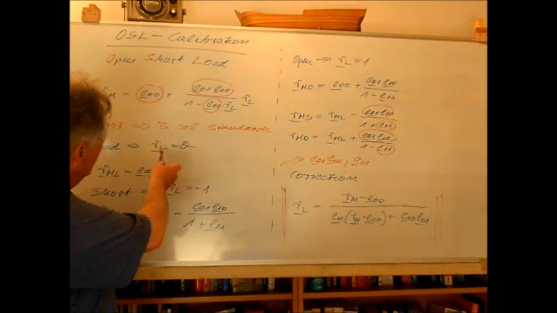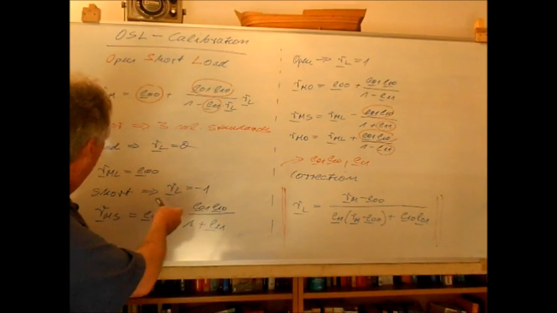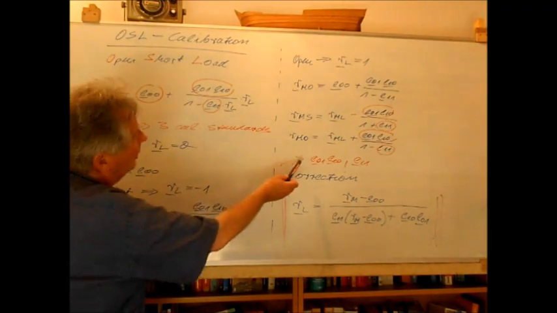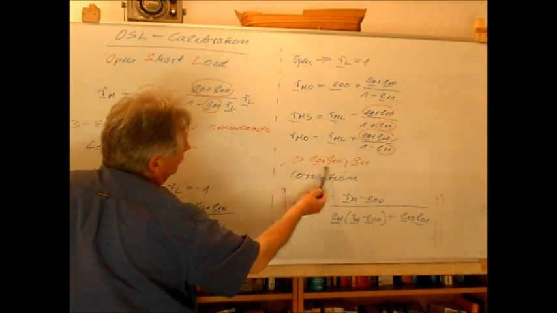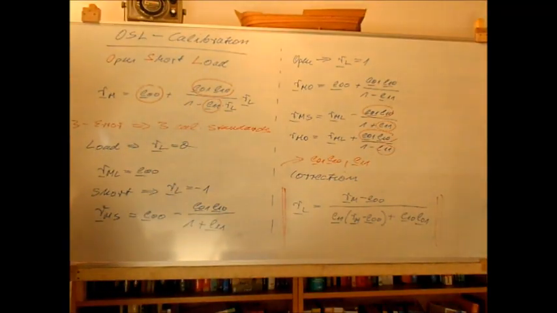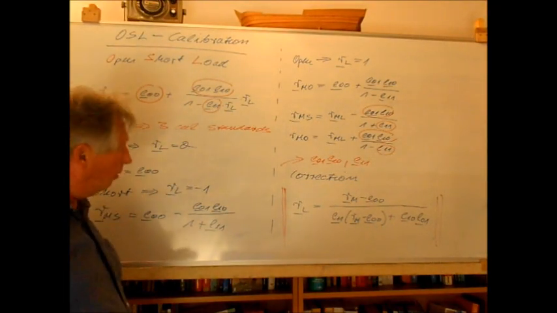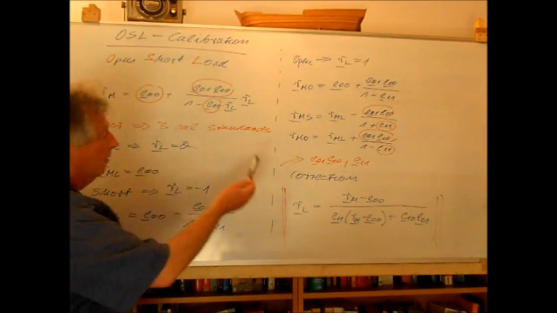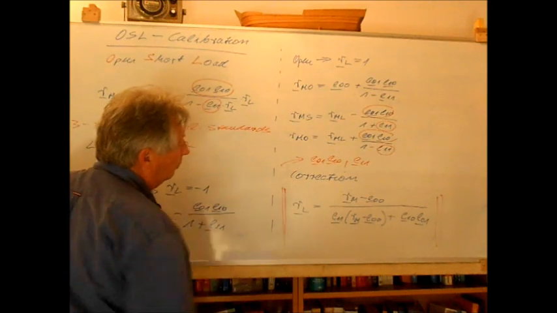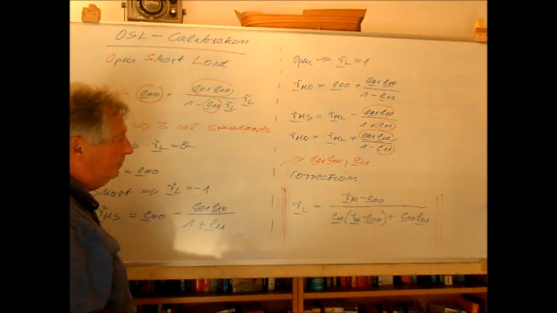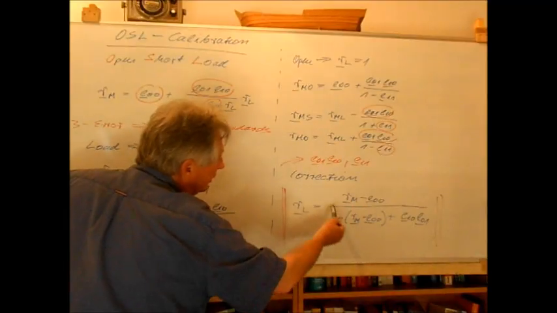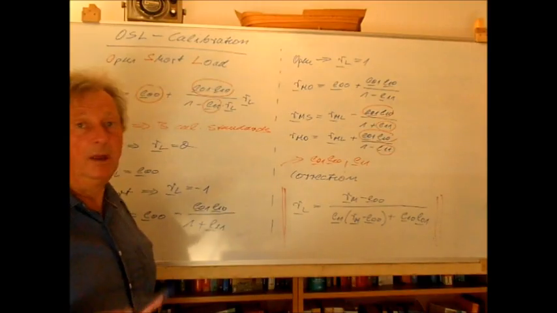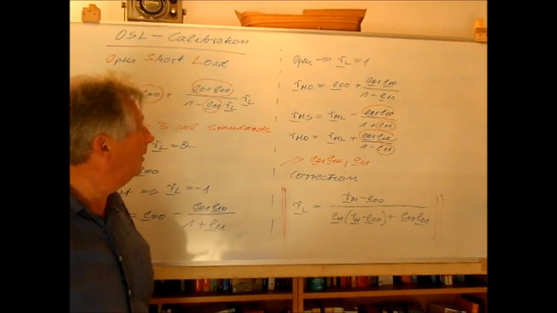And if you measure the calibration standards, you can solve for the error parameter E00, and we can solve with the help of these two equations for these two error parameters. And this you have to do for all the frequency steps you consider, and later on you again do the correction for all frequency steps. You have to solve this equation, and this is normally done automatically in a so-called vector network analyzer.